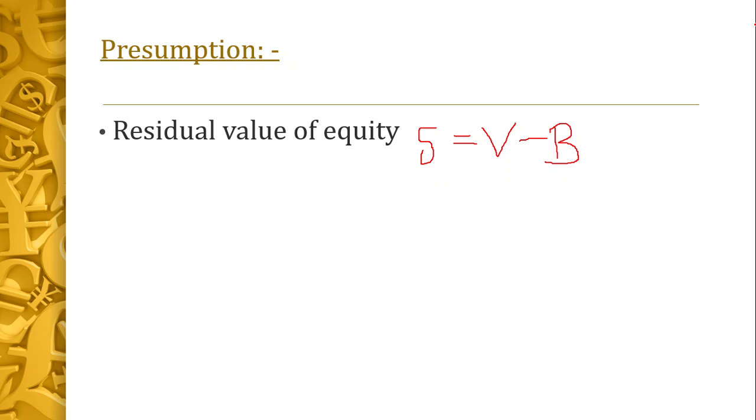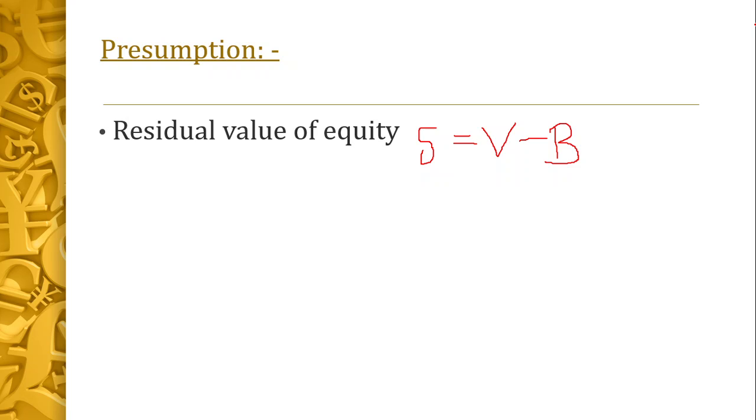S is equal to, yes, you had the value of net income available for equity shareholders that you used to divide by the equity capitalization rate, and you used to get the value of shares.